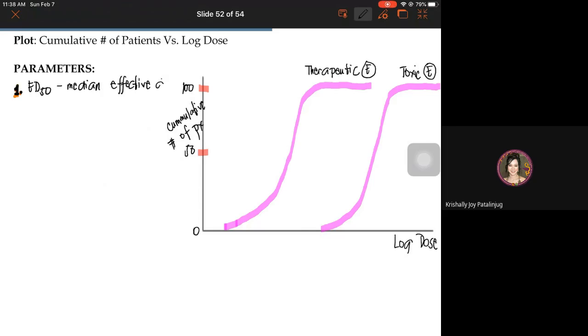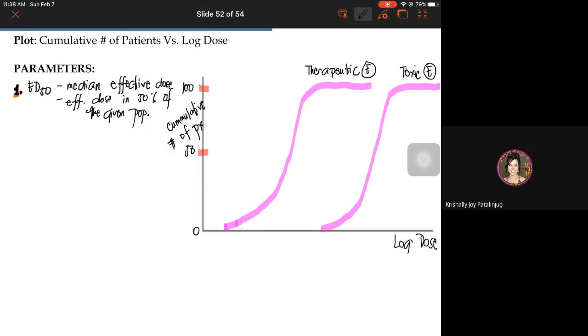All right. Again, ED50 is the median effective dose. This is the effective dose in 50% of the given population.